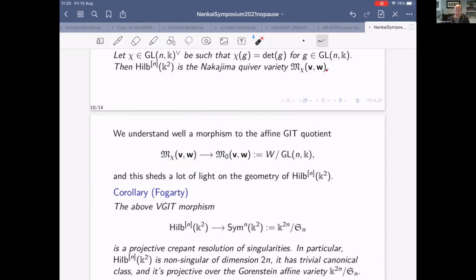And in fact, this is just this affine GIT quotient. So this is actually Spec of the coordinate ring of W that's invariant under GLN. So I've got a perfectly nice morphism from this Nakajima quiver variety to this affine variety.